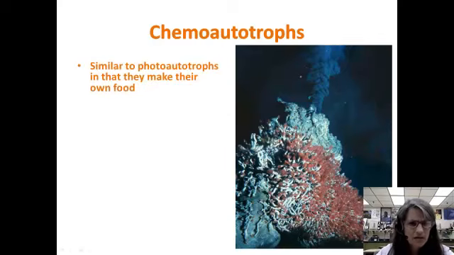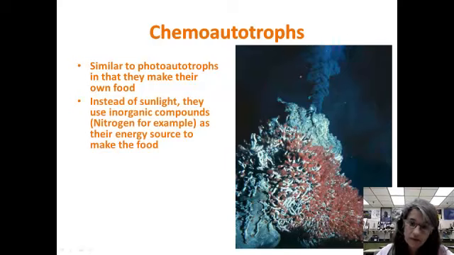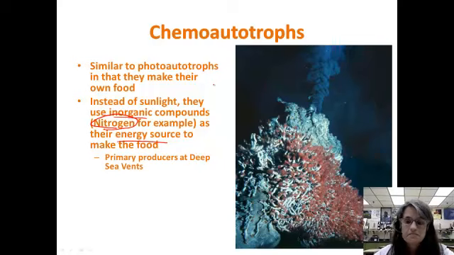Chemoautotrophs are similar to photoautotrophs because they do make their own food, but they don't need sunlight to do it. They use inorganic compounds like maybe nitrogen, some chemical, as their energy source to make their own food. In other words, these guys can be primary producers just like photosynthesizers can, but they don't need light to do it.